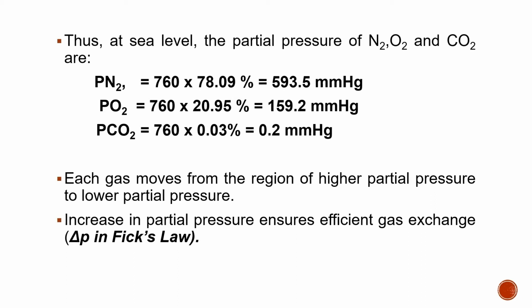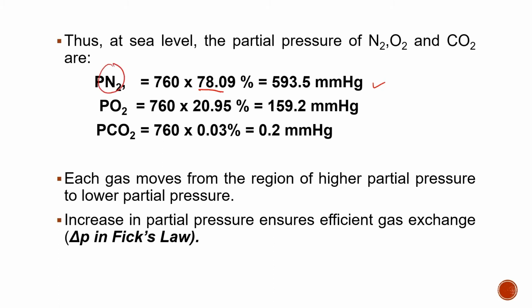Partial pressure for nitrogen: 760 millimeter mercury multiplied by 78.09% gives 593.5 millimeter mercury. So this is the partial pressure exerted by nitrogen.